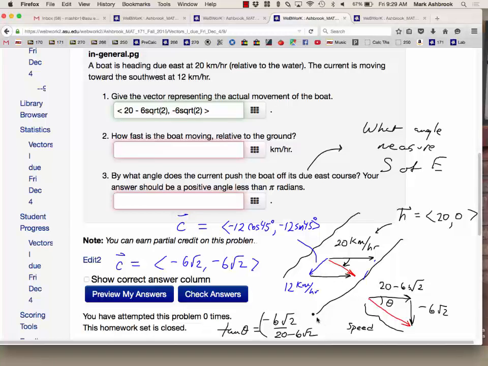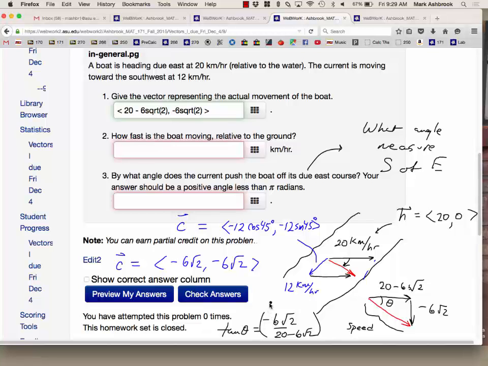Okay, but inverse tangent gives you an angle between negative pi over 2 and pi over 2. Remember, inverse cosine gives you an angle between 0 and pi. Inverse sine gives you negative pi over 2 to pi over 2, and so does arctangent. So this negative here will give us this negative angle.